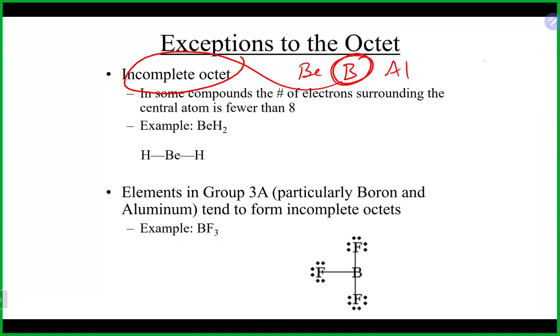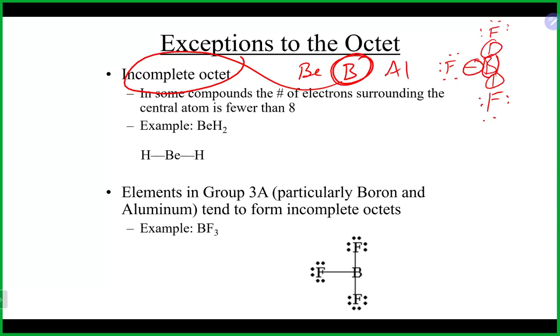Like the guy down on the bottom there, I'll draw it up towards the top so it'll be easier to see. When we look at the boron here in the center, it has 2, 4, 6 electrons only, and it's perfectly happy being that way. It's okay.